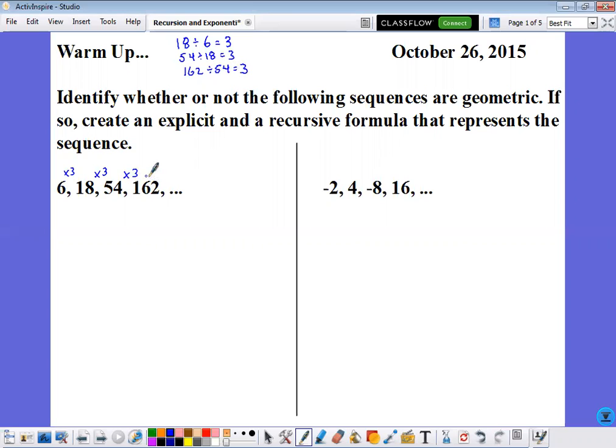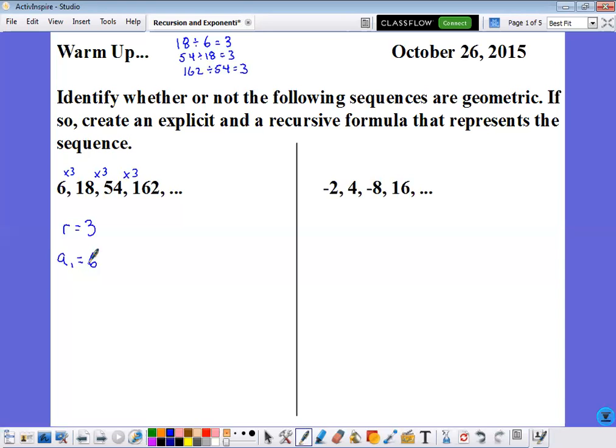So we're dividing the fourth term by the third term by the second term by the first. So you're dividing a term by its previous term to see what our ratio is. And so in this case, we've already identified that our common ratio, or what we denote as R, is 3. And then also we need to know our first term. Our first term is just the first term of the sequence, which is 6.